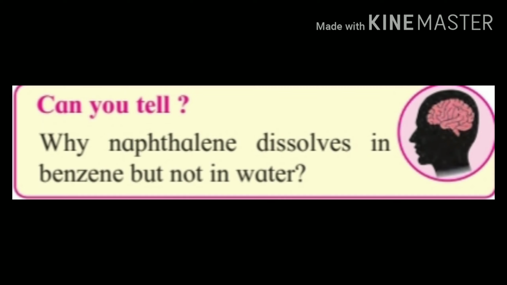So naphthalene is going to dissolve in benzene because it is non-polar, but water is polar because it has plus and minus charges. That is why naphthalene is not going to dissolve in water. I hope you know the meaning of polar and non-polar. Polar means it is going to have plus and minus signs, and in non-polar, both the signs are similar, either plus plus or minus minus.